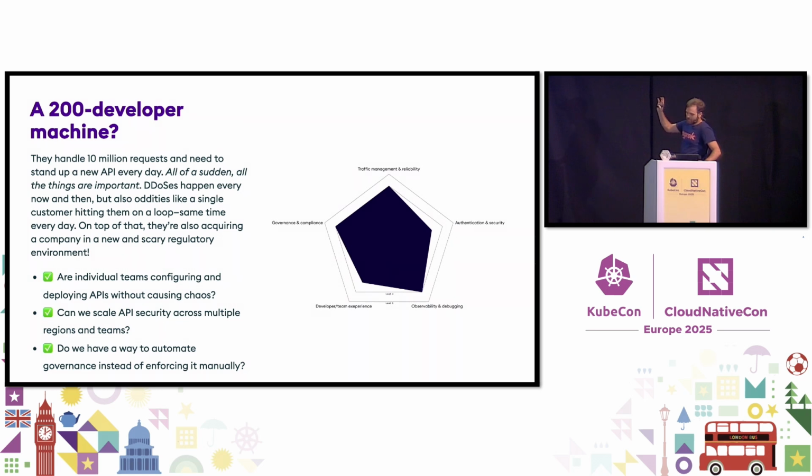You can see that when they were a 50-person company, they were dealing with observability challenges. And now you can see they've gone quite deep on solving observability. In my scenario, they've also acquired another company in a scary, different regulatory environment, which means they had to go, I think, basically from level 1 or level 2 all the way to level 4 in governance and compliance.